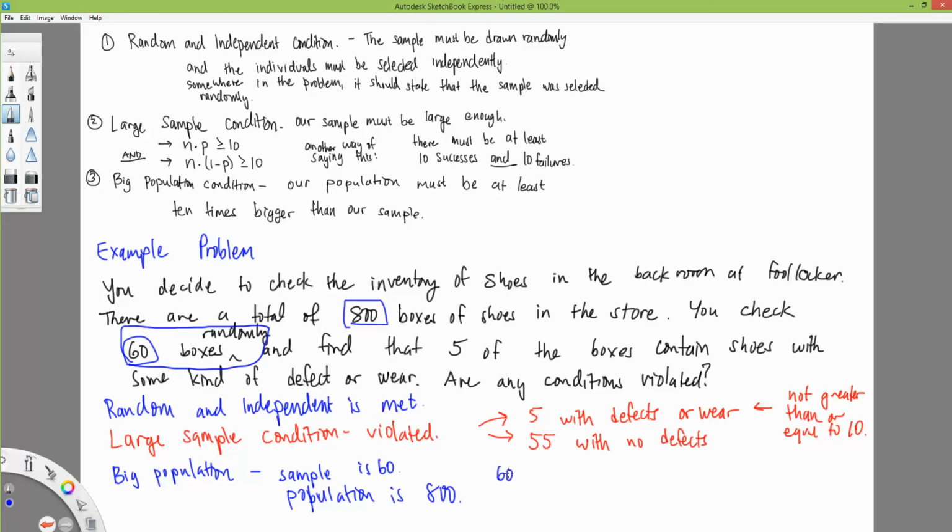So 60 times 10 is 600, which is less than the population. We just need to make sure that our population is at least 10 times bigger than our sample. Is that good? Okay. So if you see questions like this on the quiz next week, we'll be okay? Okay, good. Because you will.